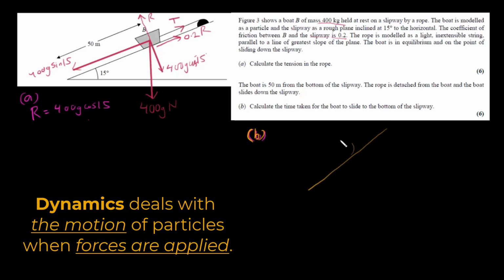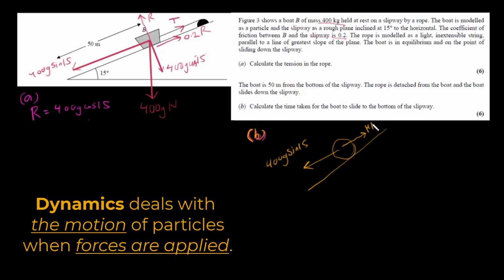If the object is moving in this direction, the forward force that we have is 400g sine 15, and there is no tension holding it, so the only thing opposing it is friction. So friction is going to be mu R. Now R can change, but in this particular case R is not going to change because no component has been added or removed, so the value of R is going to be the same.